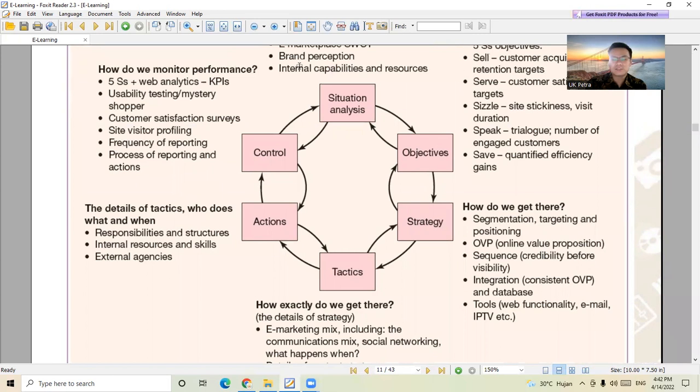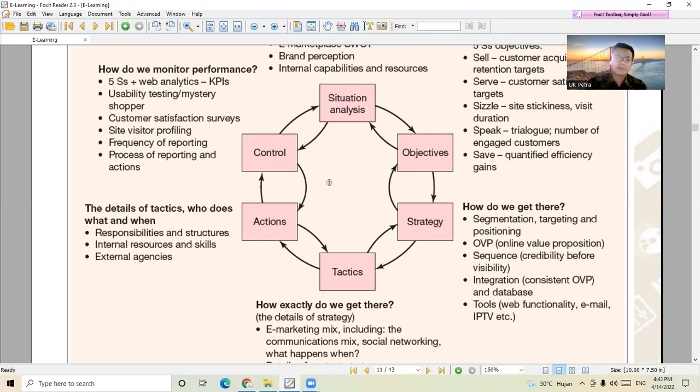I think this overall framework makes a lot of sense, because it starts with the situation and the goals, the strategies, the detail of the strategies, the actions, and how to control our actions. For me, it all makes sense.